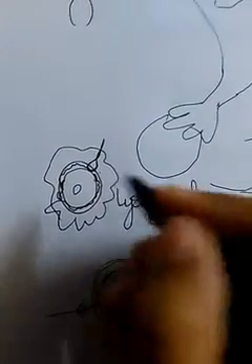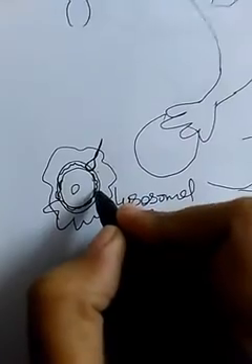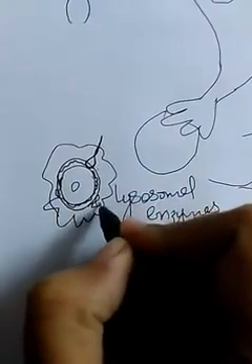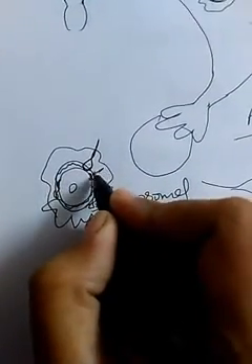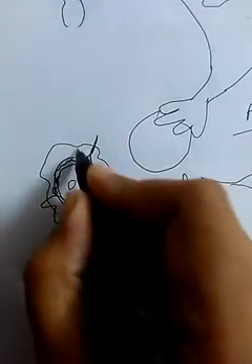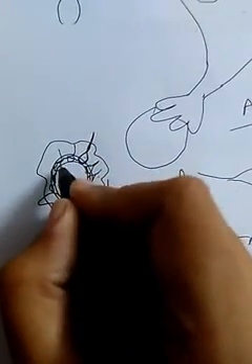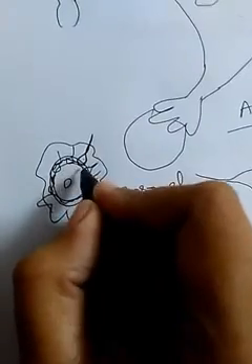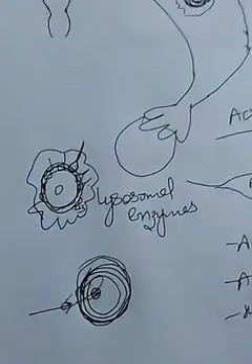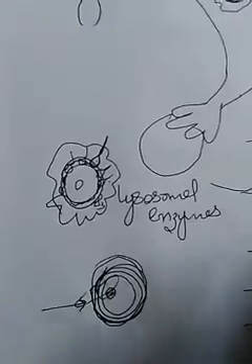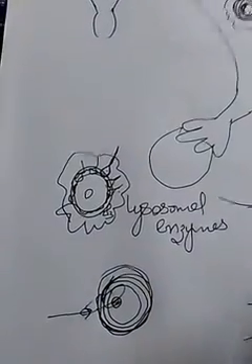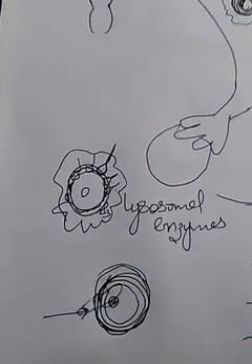These enzymes change the permeability of the zona pellucida again and make it impermeable to further sperms. Only one sperm can enter up to here, and immediately after that it changes its permeability once again. It's like a gate which allows only one sperm to enter.